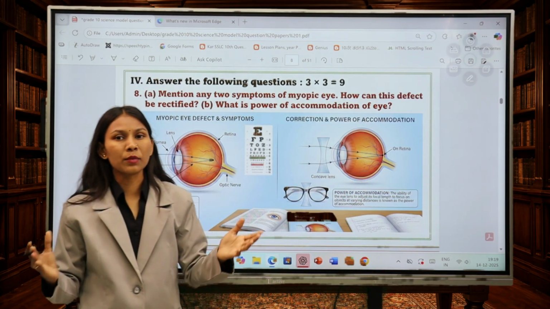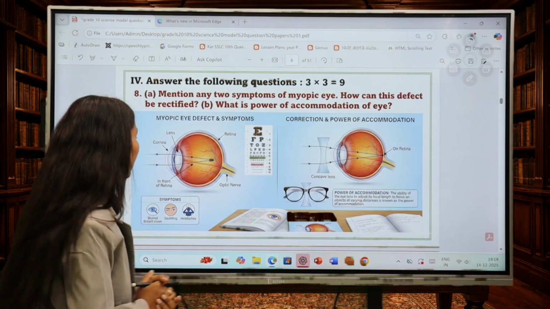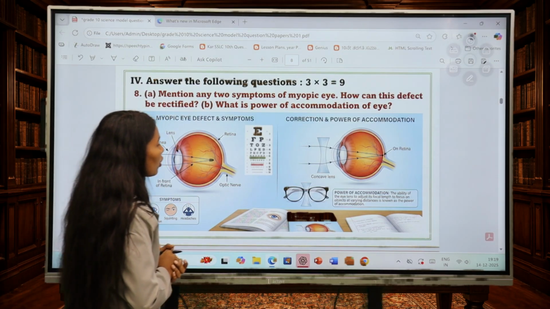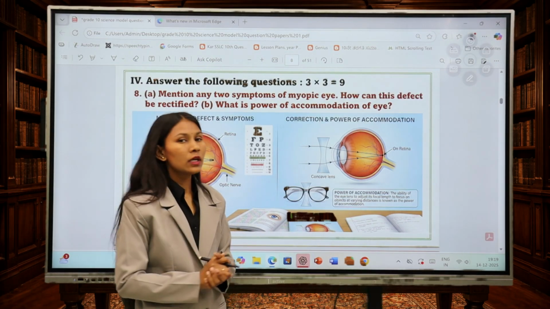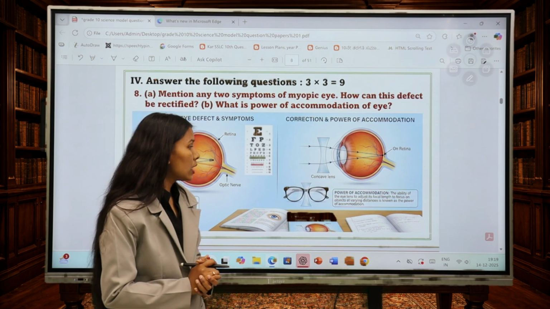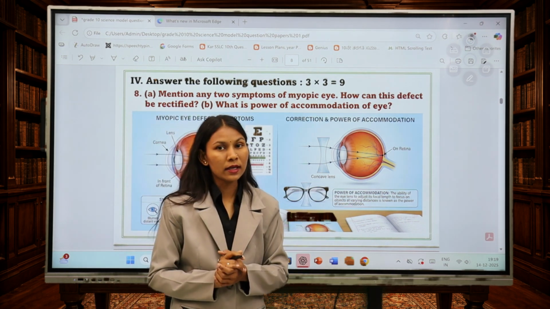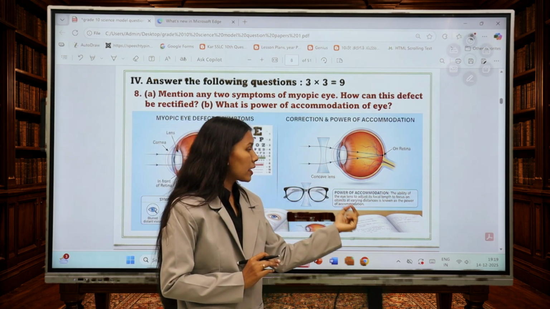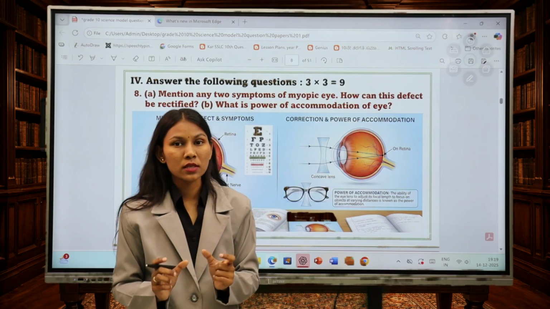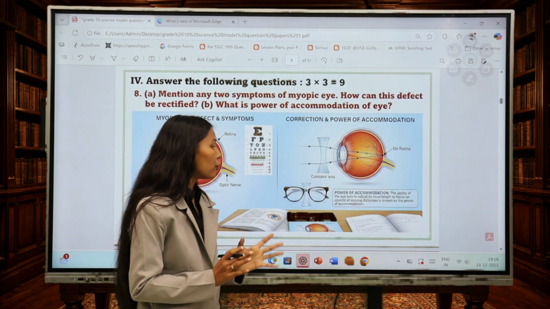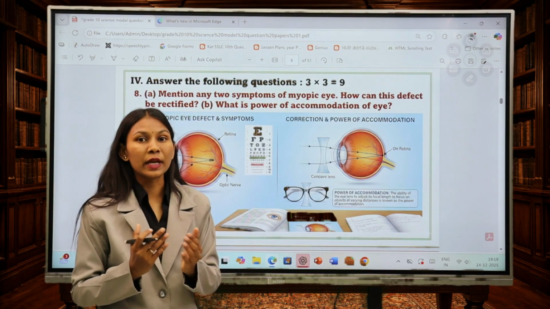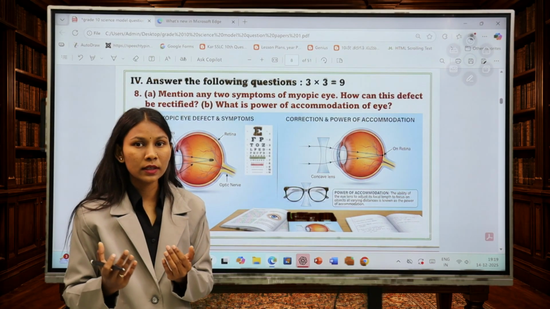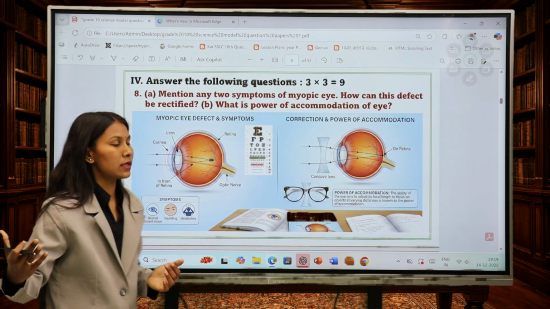So this is how it can be rectified. So let's see what the power of accommodation is. As you can see here, the power of accommodation is the ability of the eye lens to adjust its focal length to focus on objects at varying distances. Got it? So let's go to the next.